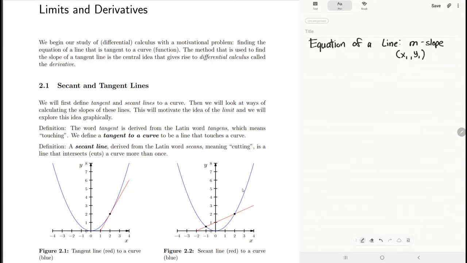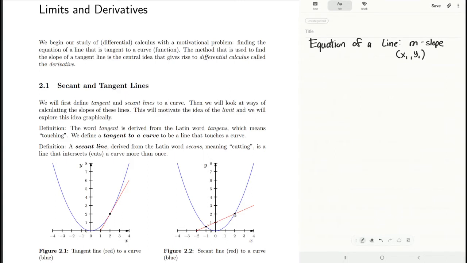So now let's have a look at the secant line example here. So we are able to determine what the equation of the secant line is because we know 2 points which lie on this line.